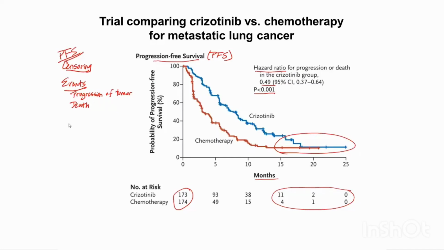So there's another thing that we talked about in part 1, overall survival. And overall survival simply uses as events death. It doesn't care about progression of tumor. It just measures death, with other reasons, obviously a whole list of reasons for censoring, which we had gone over.